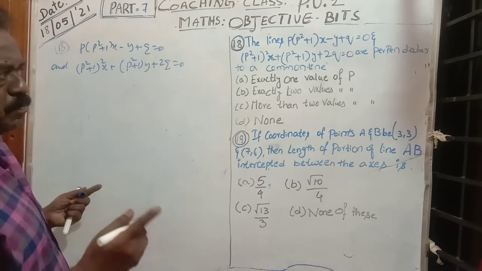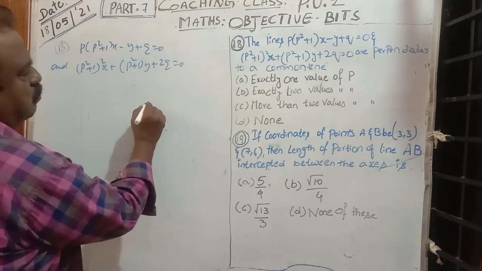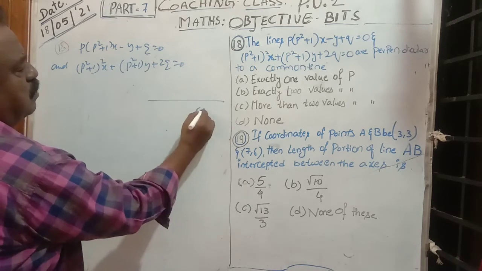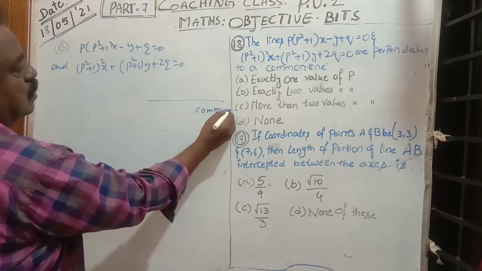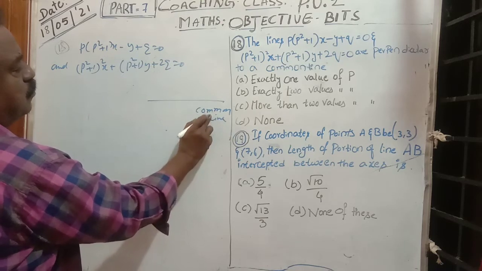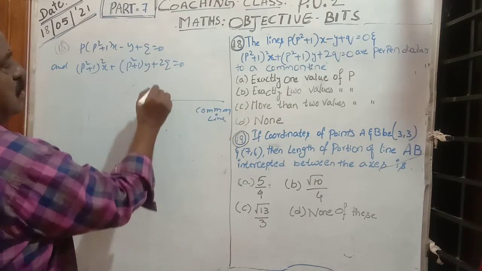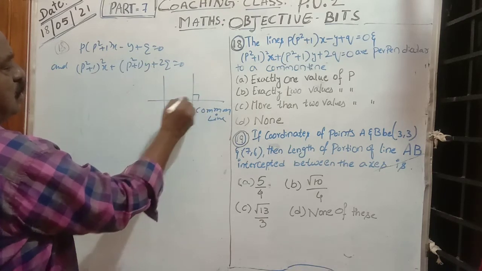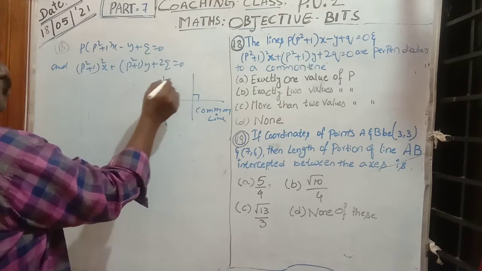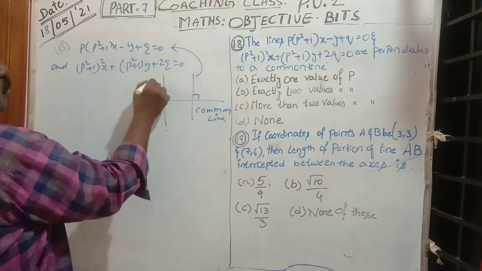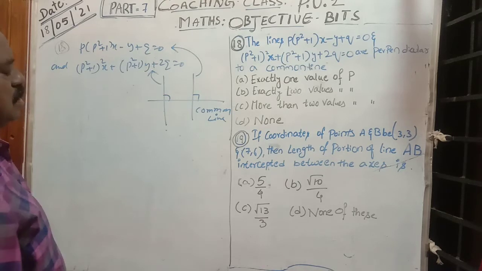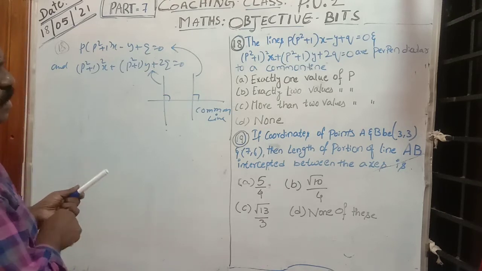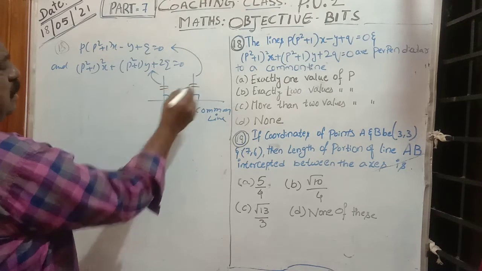Both lines are perpendicular to a common line. Suppose this is the common line, we assume. It is perpendicular to both of those lines. This is one line, you assume this line. That means they are parallel. These two lines are parallel.